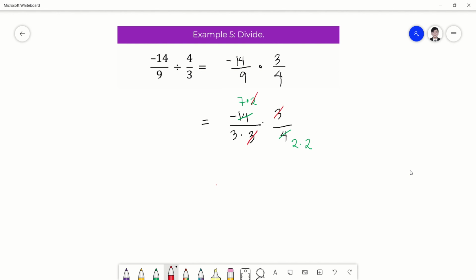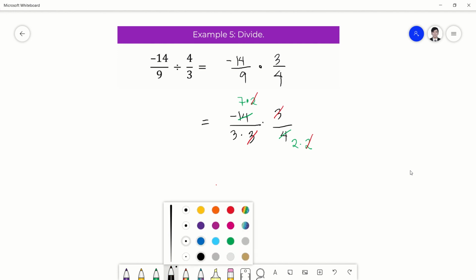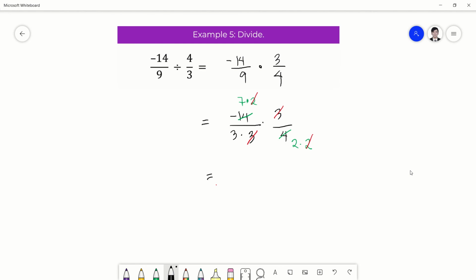And a 2 in the numerator, and a 2 in the denominator. So we will consider what is left now. In the numerator, we have negative 7 and nothing else. Over, we have 3 and we have 2. 3 times 2 is 6.